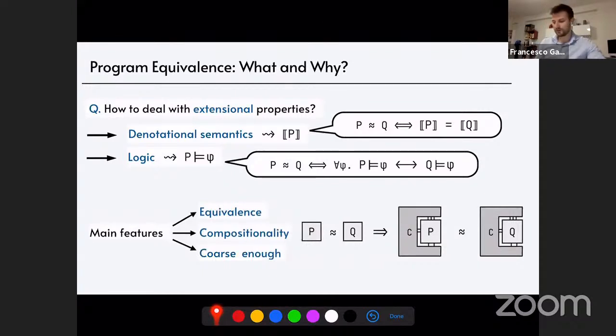In particular, it means that if we take two programs which are extensionally equivalent, and we replace the first one, say P, with the second one, Q, in a larger program, then the overall extensional behavior of the software remains unchanged. And of course, all these notions of equivalence are coarse enough, which means that they abstract from the syntactic or irrelevant details of programs.